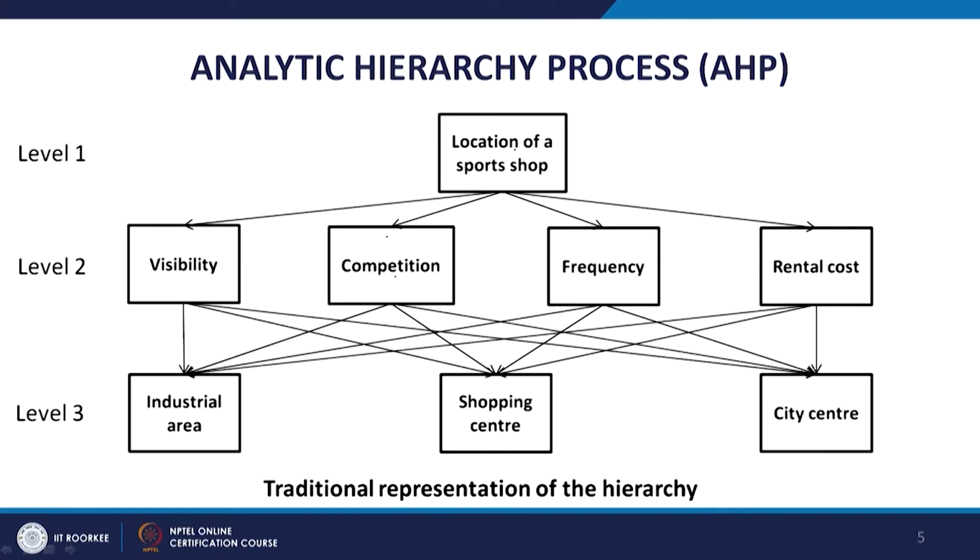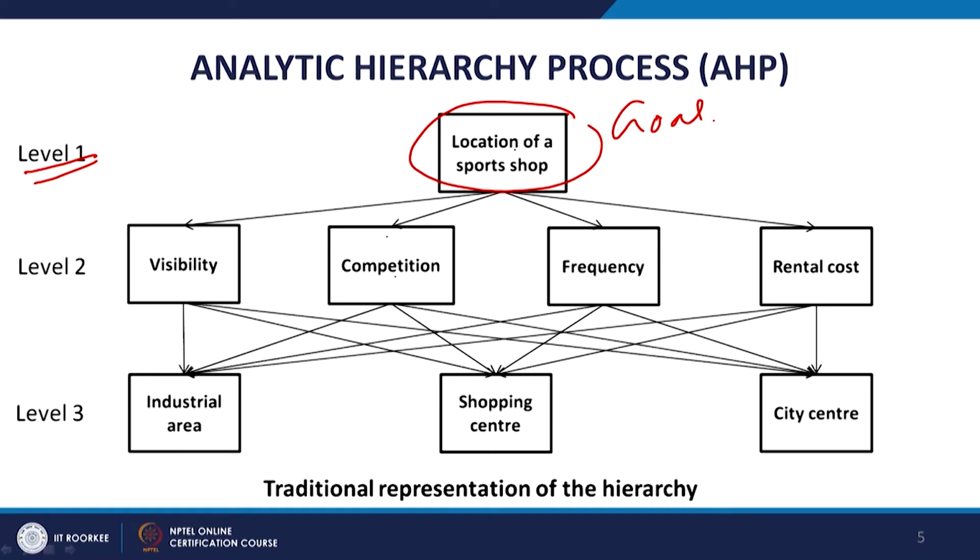So, here for this new sports shop, the traditional representation of the hierarchy, the way it is done, is as you can see in the slide. You can see level 1 here, and in level 1 we have the goal, which is the location of a sports shop. So, this is our goal, the topmost element.